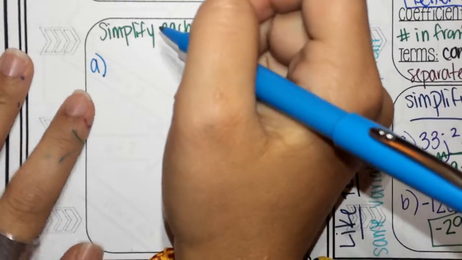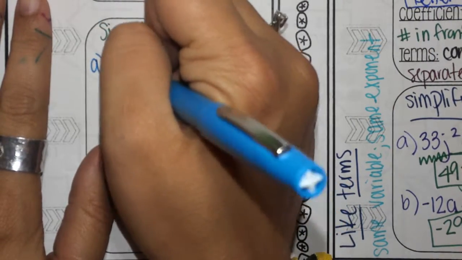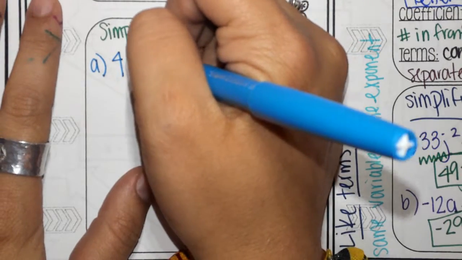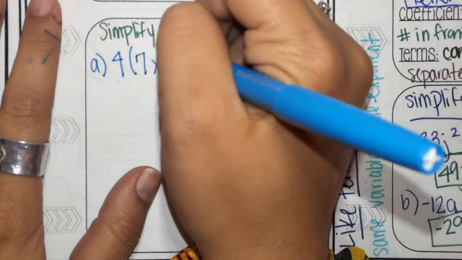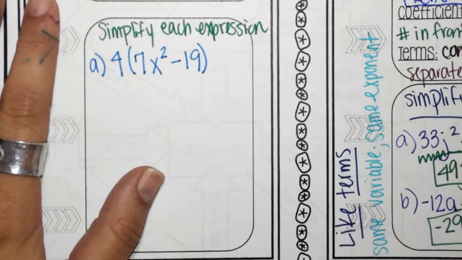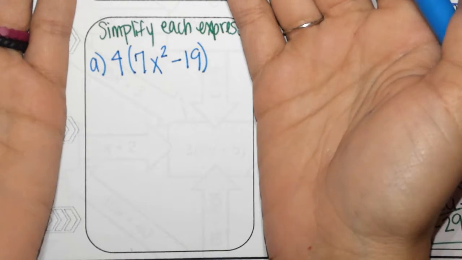All right, so we're going to start with 4 times (7x squared minus 19). Now, before we distribute, can we combine any like terms in the parentheses?